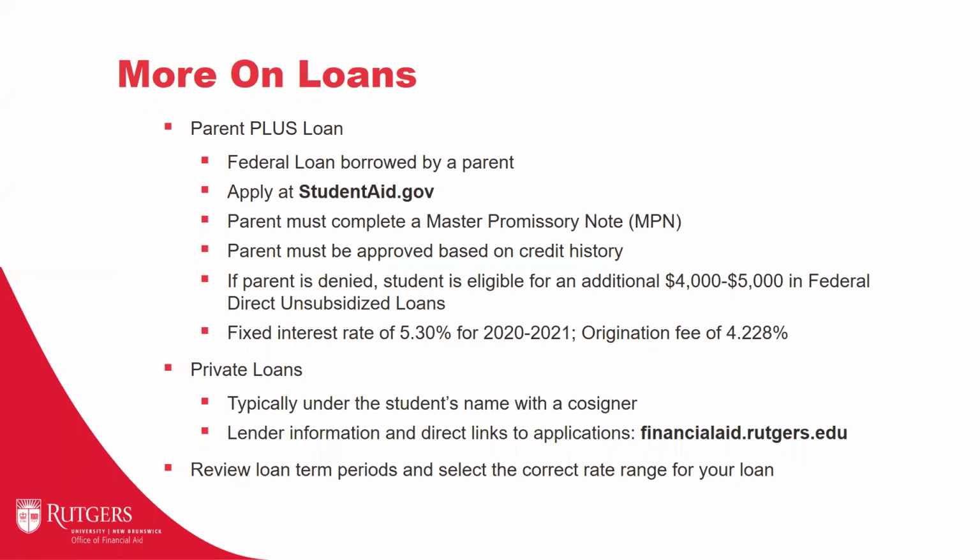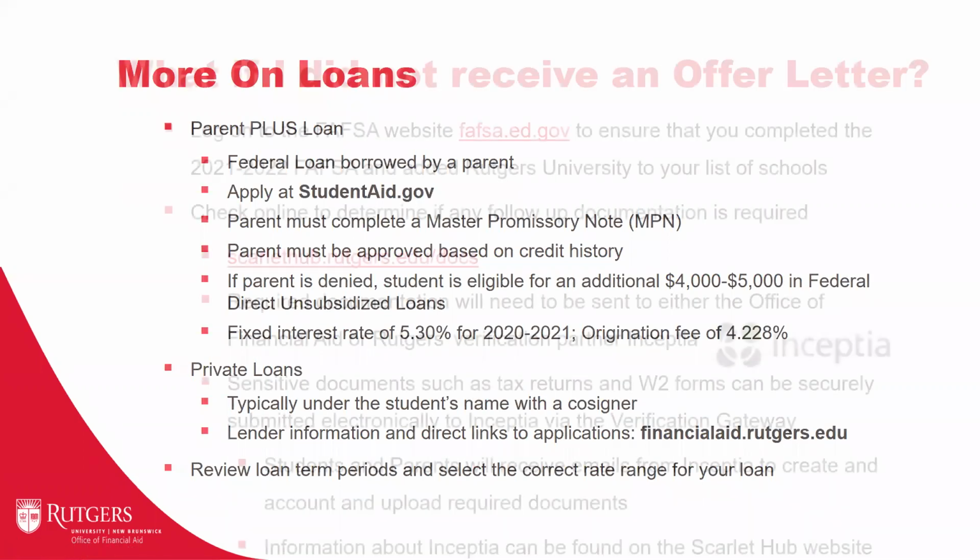If you apply for that loan for the academic year, once we receive it, we automatically split the loan in half. On the award letter, you will see half of that loan for fall and the other half for spring. So just make sure you review the term periods if that is something you're looking into.